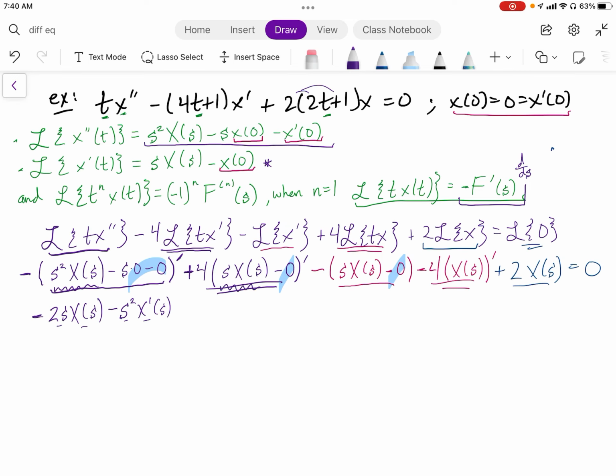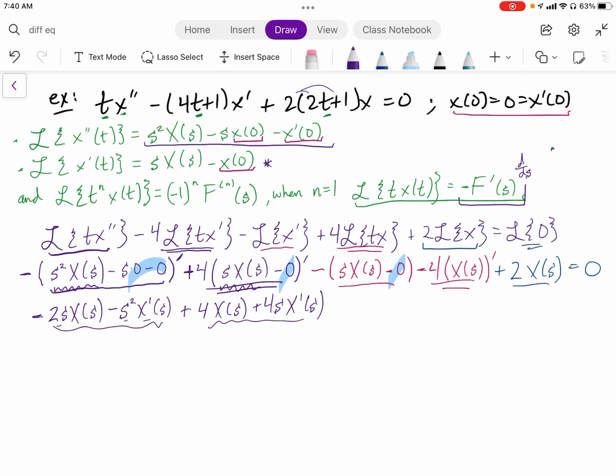All right, I need the derivative, so again, product rule: f prime g plus f g prime, so plus the 4 as well. Derivative of s times x, so 4 x of s plus 4 s x prime. Okay, so that was that next term, the first one.